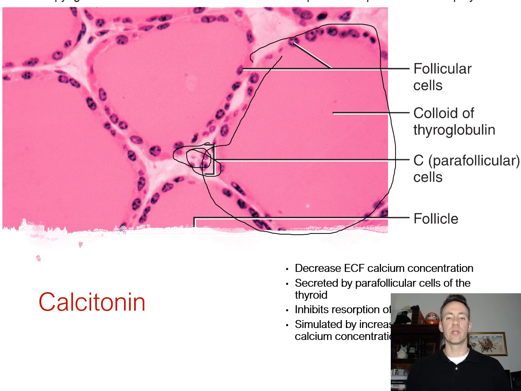They're located between those follicles within the thyroid gland. The parathyroid glands are embedded on the posterior aspect of the thyroid gland, while the parafollicular cells are located in the thyroid gland itself, between the follicles. They release calcitonin in response to high levels of calcium, and their job is to ultimately tone down calcium levels or have it be redistributed to the bone.